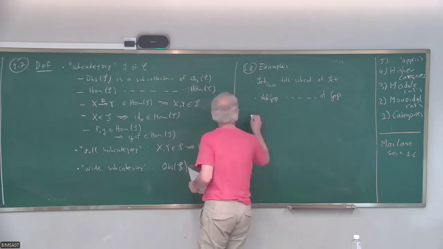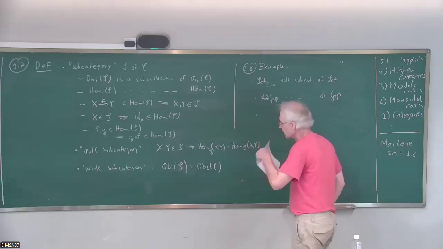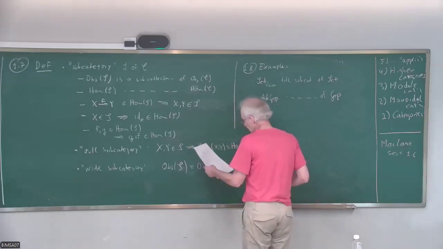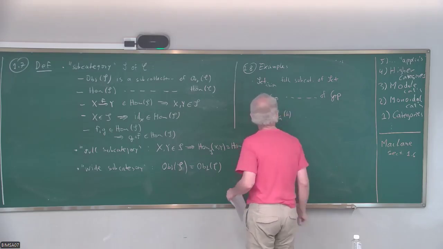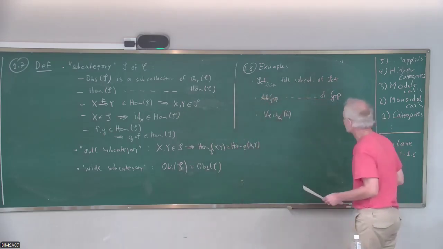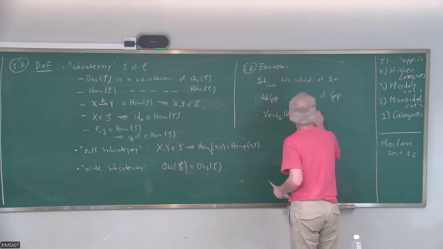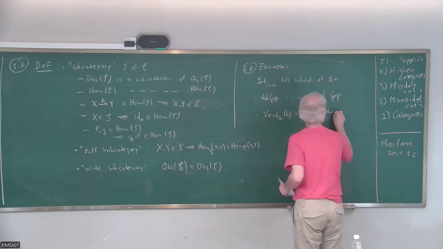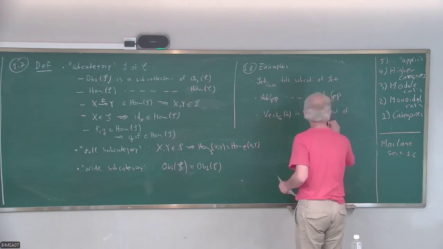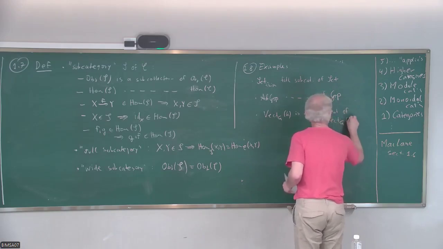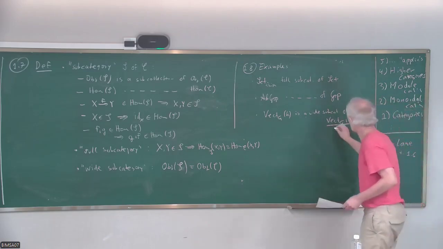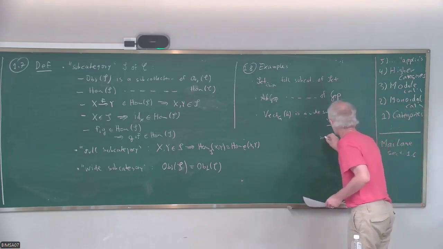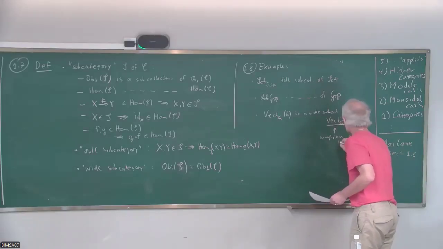And an example of a wide subcategory, which actually is of some interest, is that the category of G-graded vector spaces is a wide subcategory of a category which is often denoted in the same way, but with an underscore, where here the morphisms are all linear maps.